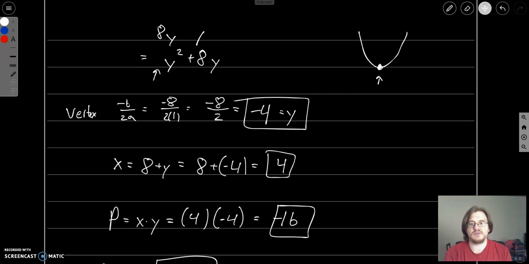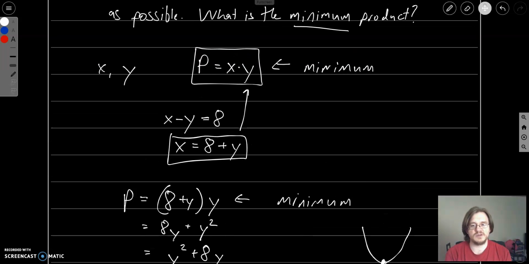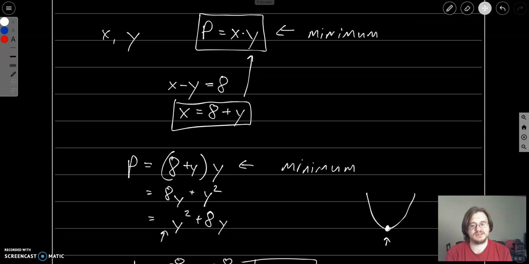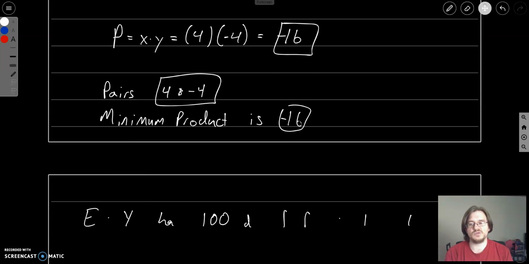And we did this by writing down 2 equations. We knew that the product of 2 numbers was what we were trying to minimize, but we knew the relationship between the numbers. One number was 8 bigger than the other one. So we can rewrite it as a quadratic equation, which we can easily minimize. Let's do one more example.